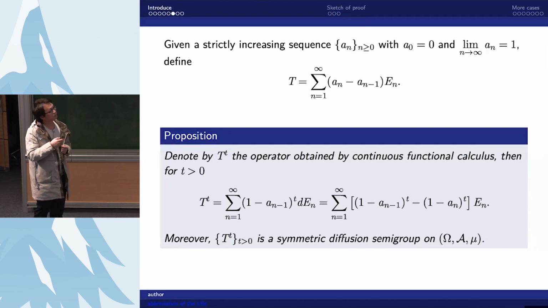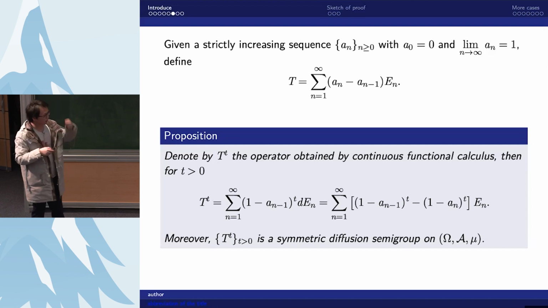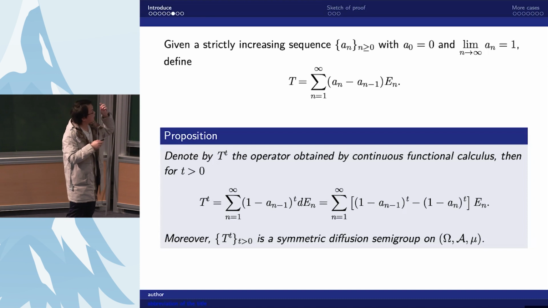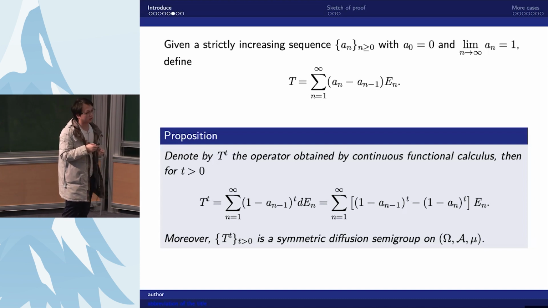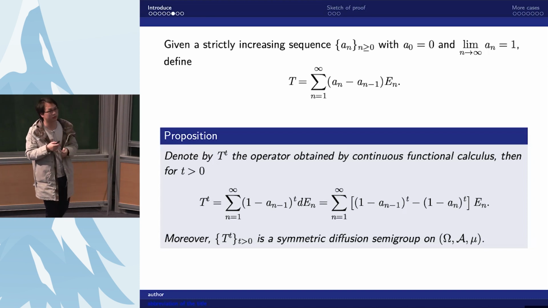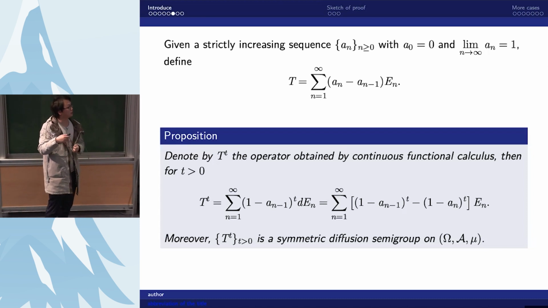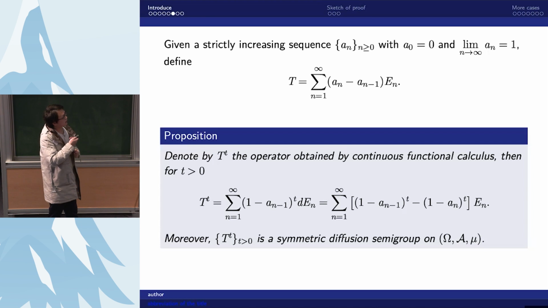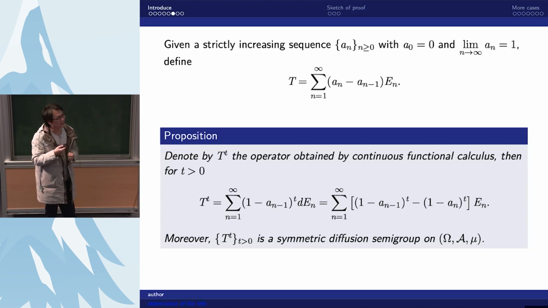Then for t bigger than 0, T^t can be written in this form. From this form, we can check whether T^t satisfies the conditions of a symmetric diffusion semigroup. This is what we will do later. We can see that T^t is an exact symmetric diffusion semigroup.